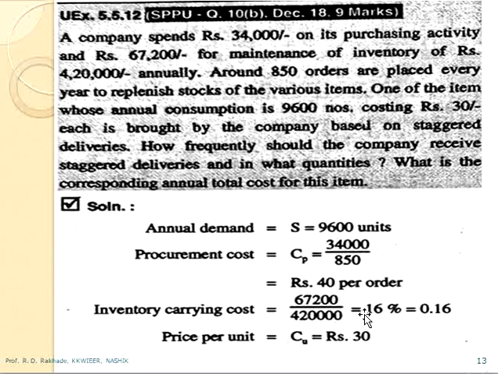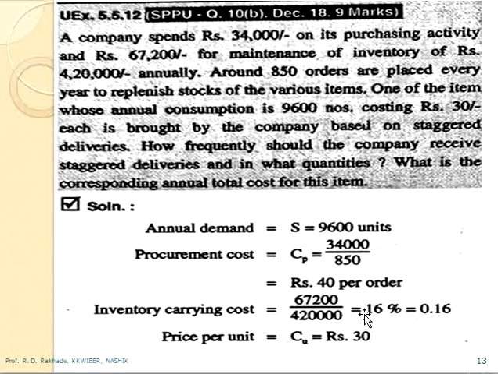Similarly, next question, that is the same question asked in SPPU December 18 for 9 marks. A company spent 34,000 on its purchasing activity and 67,200 for maintenance of inventory of rupees 4,20,000 annually.